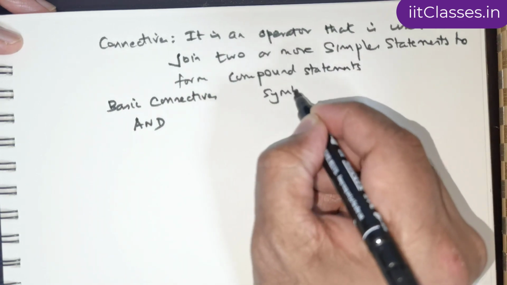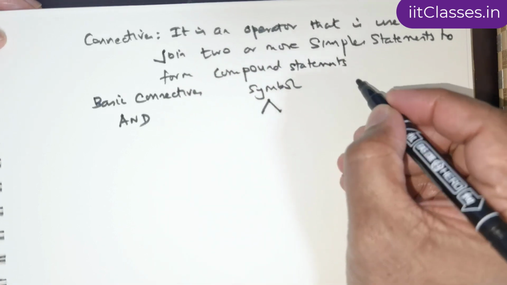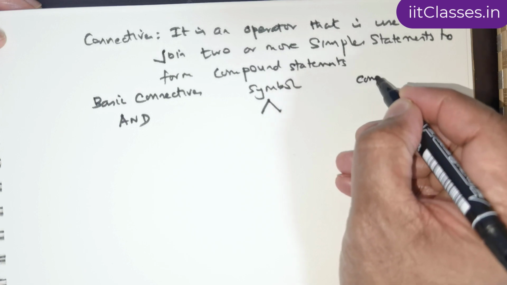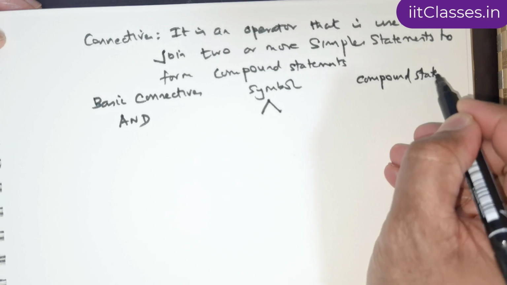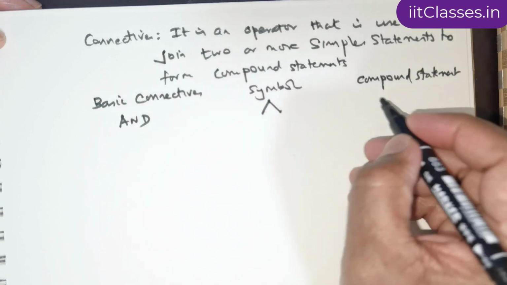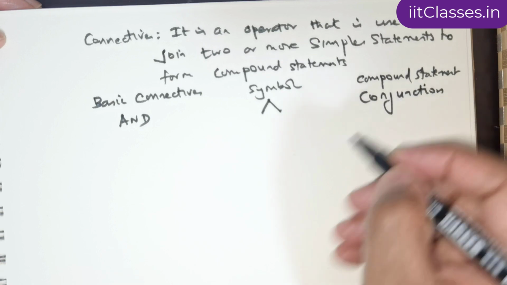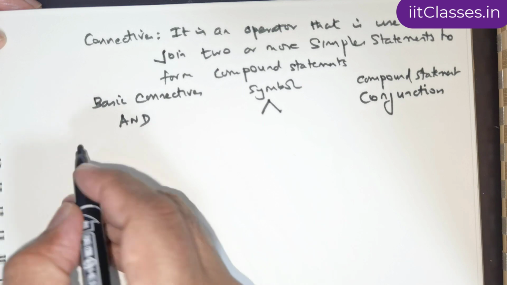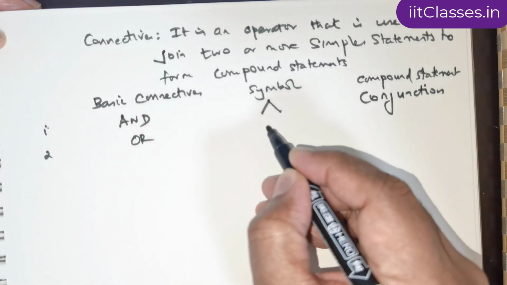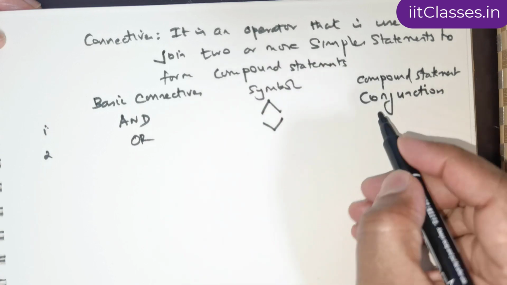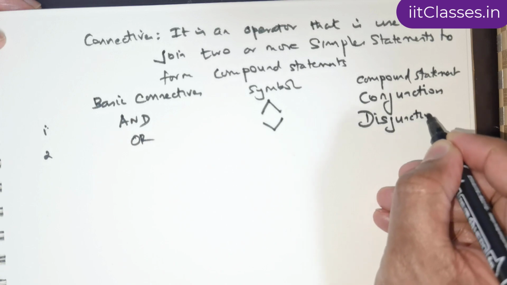The symbol is like a wedge, and as I mentioned to you, all of these connectives are used to make compound statements, and we refer to this as conjunction, C-O-N-J-U-N-C-T-I-O-N. So this is the first one. The second one is the OR operator. We symbolically represent this in this fashion, and we create disjunction statements.